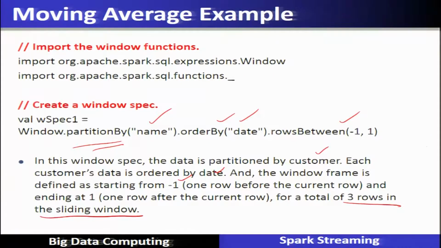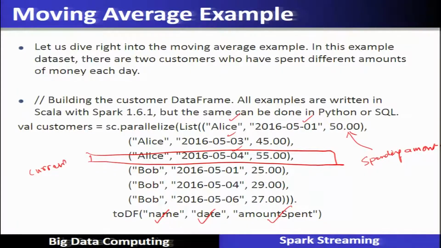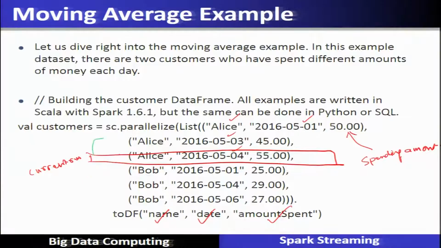So 3 rows means that, for example, if this is the current row, then the row above this row will be the -1, and the row below this will be the +1.